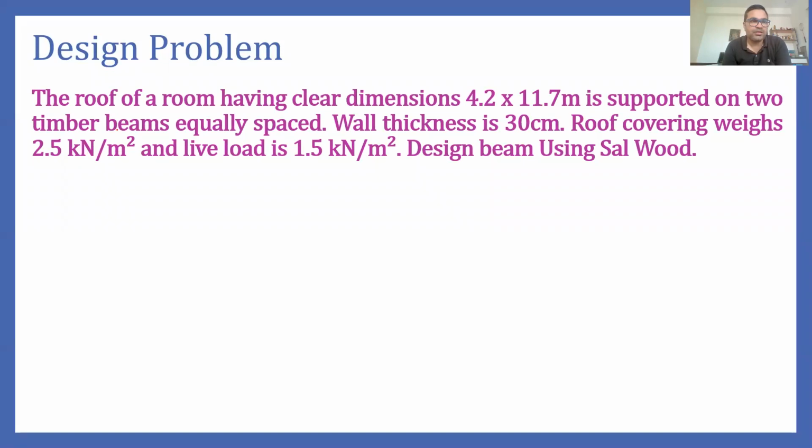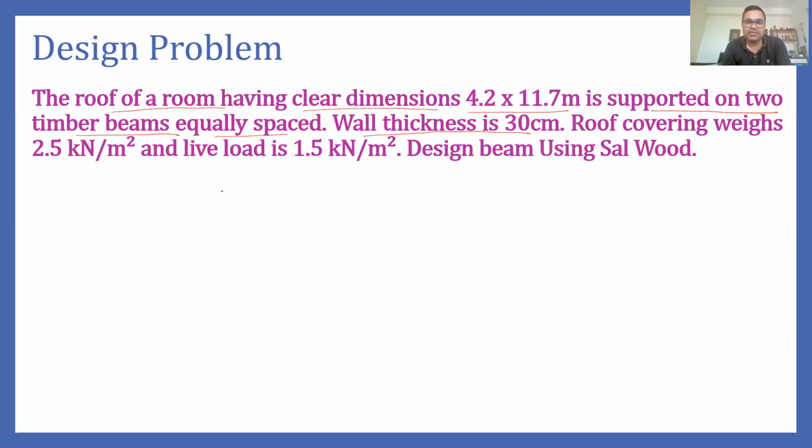In this problem, there is a roof of a room having a clear dimension of 4.2 by 11.7 meter, and this roof is supported on two timber beams which are equally spaced, and the wall thickness for this roof is 30 centimeters.